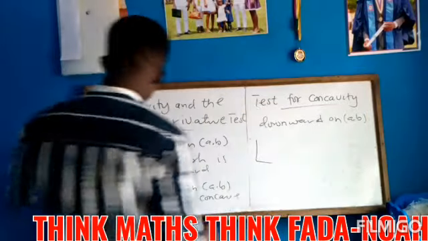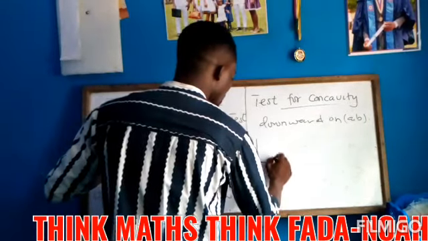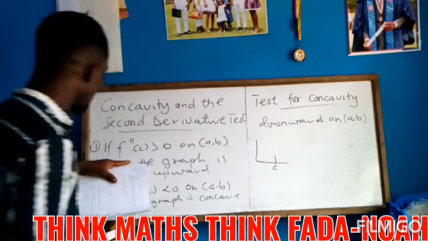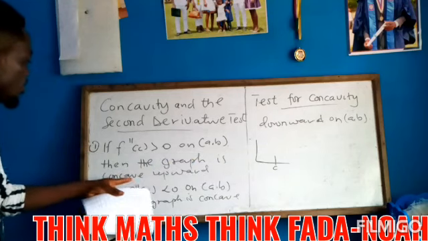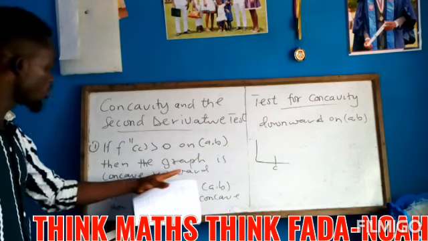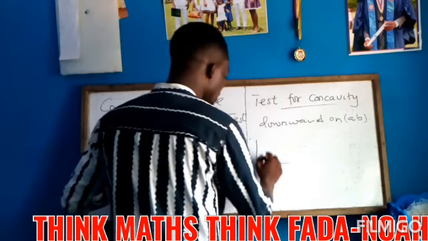So for the first one, f prime prime of c is greater than 0. So let's say this is your c, alright? And if the derivative f prime prime of c is greater than 0 on AB, it means the concavity of the graph will be upward concavity. Okay, it means you have something like this.